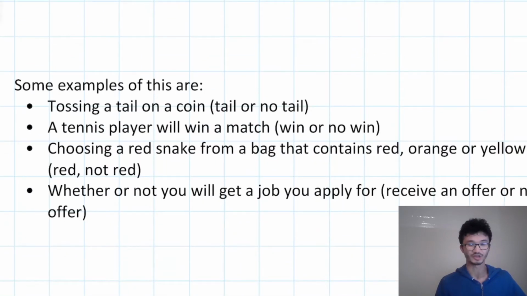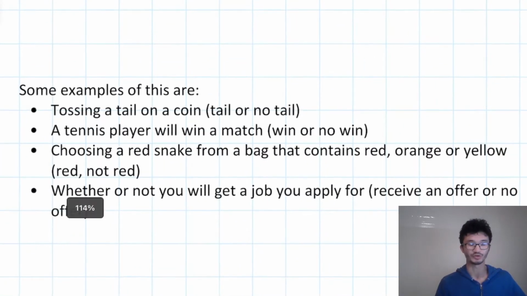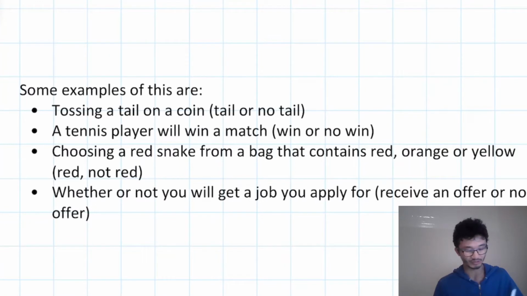Let's have a look at some examples: tossing a tail on a coin. You can see how they specifically refer to the term tail. So the success would be getting a tail, and the failure would be not getting a tail. And I've been pretty clear with how I put the language in the brackets: tail or no tail. A tennis player will win a match: win or no win.